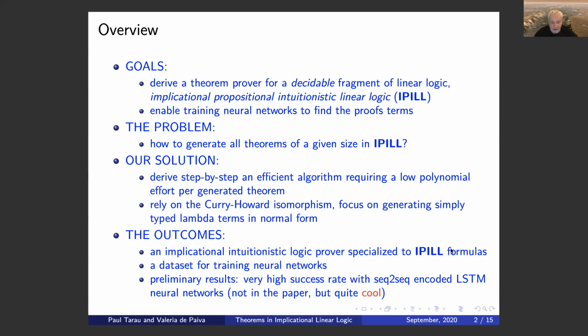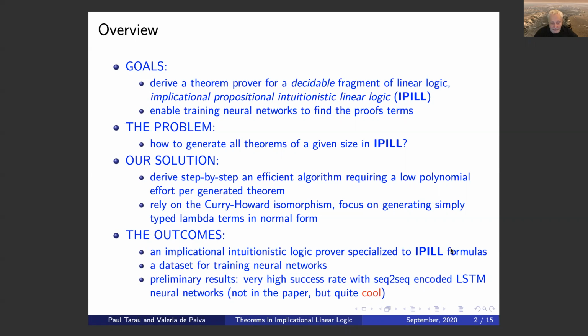We will rely on the Curry-Howard isomorphism, and we will focus on generating simply typed lambda terms in normal form, which would serve as proof terms for our logic via the bridge that crosses from lambda terms to formulas.